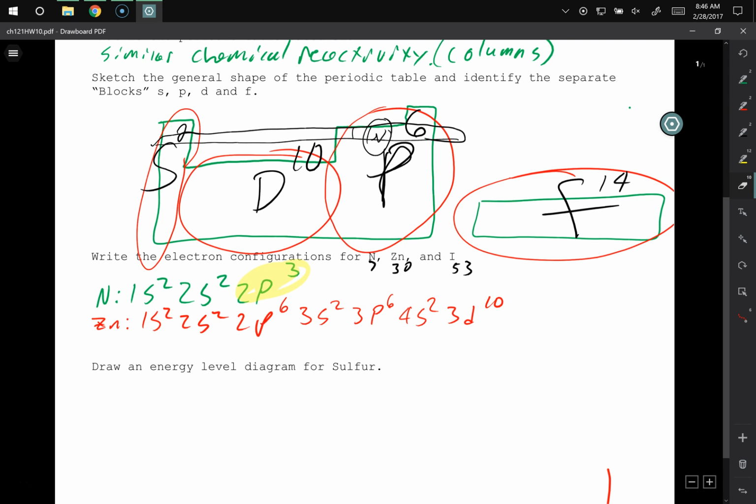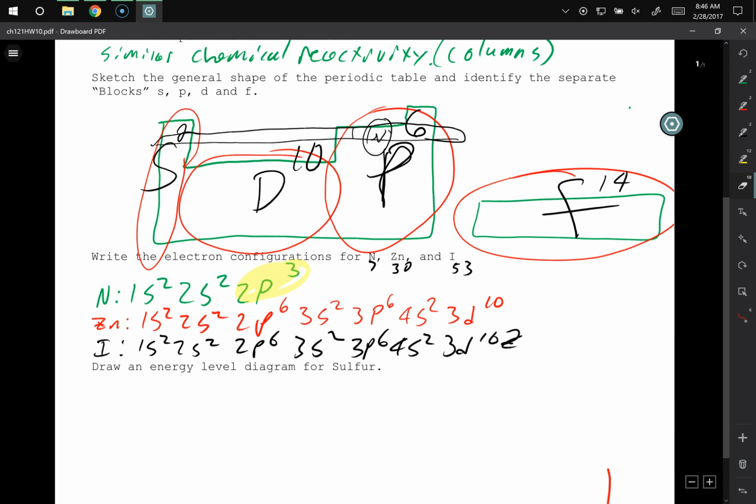All right, how about this iodine? What do we want to do? Well, let's go with this. So iodine, 1s2, 2s2, 2p6, 3s2, 3p6, 4s2, 3d10, 4p6.